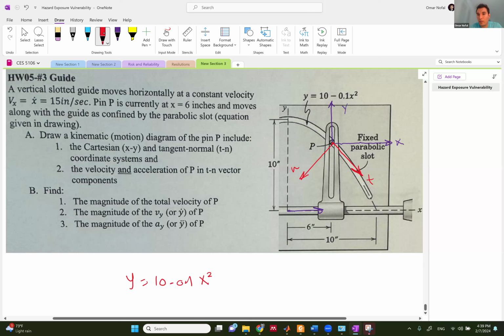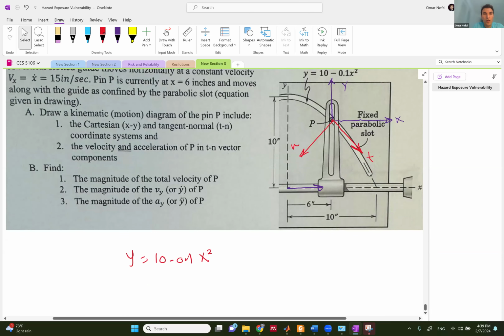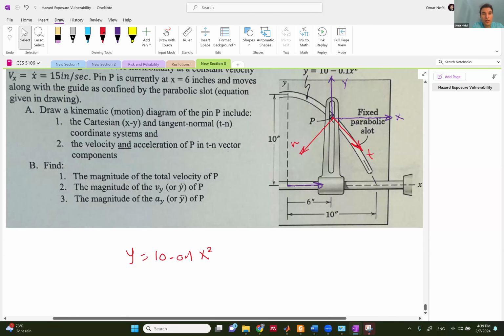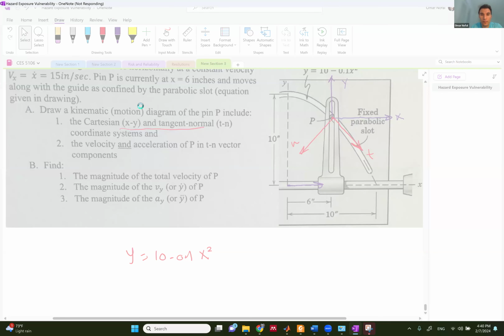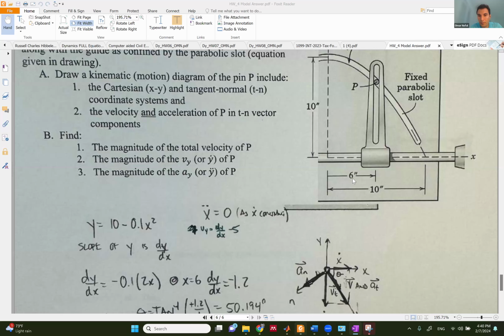This is the normal. So this is how I map the tangent normal. I didn't ask for anything related to polar coordinate system. All right, so that's the Cartesian, and I'm done with this part. So here it's asking me to map the velocity and the acceleration of P in tangent normal vectors. Okay, so let's do it. It's loading here.